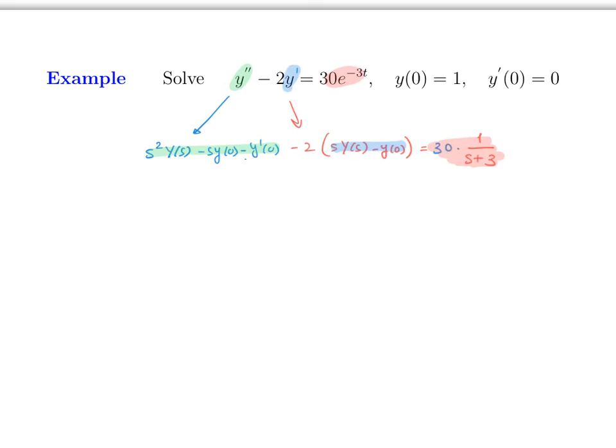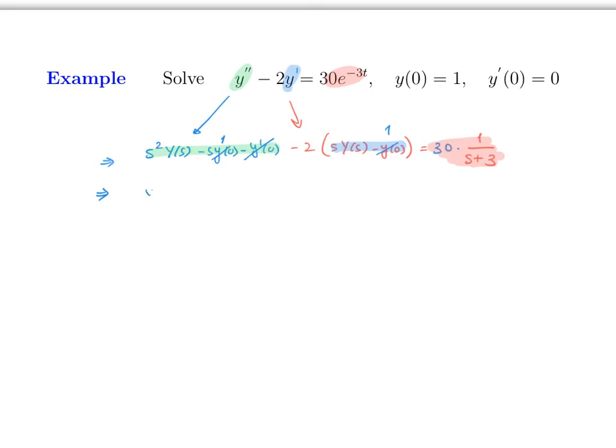Y prime of 0 is equal to 0, so this is gone. This is equal to 1. This is equal to 1. So therefore from here we have the following.